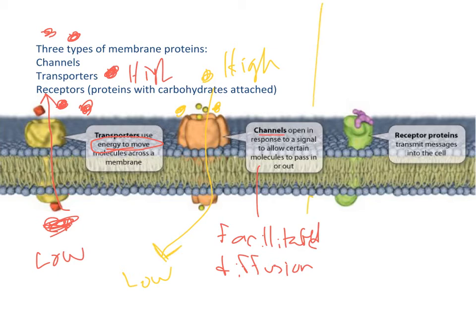And then at the end, we have these receptor proteins, and these are kind of interesting. So some of you may have these little doorbells in your house where when you press on the doorbell, a picture of the person who's ringing comes up. That's what receptor proteins are like. So no material moves across the membrane.